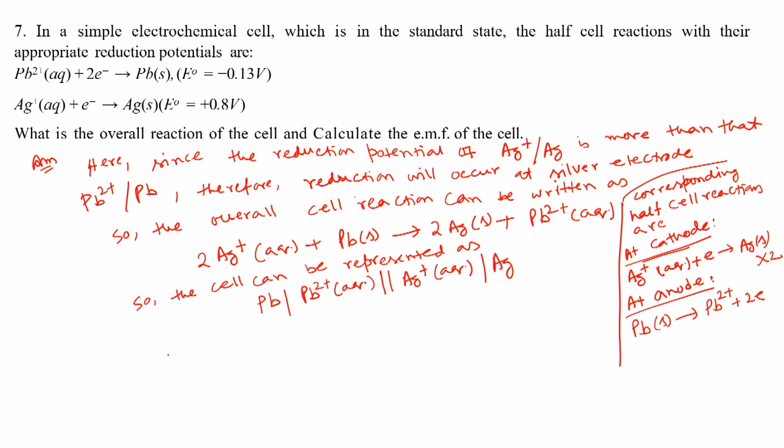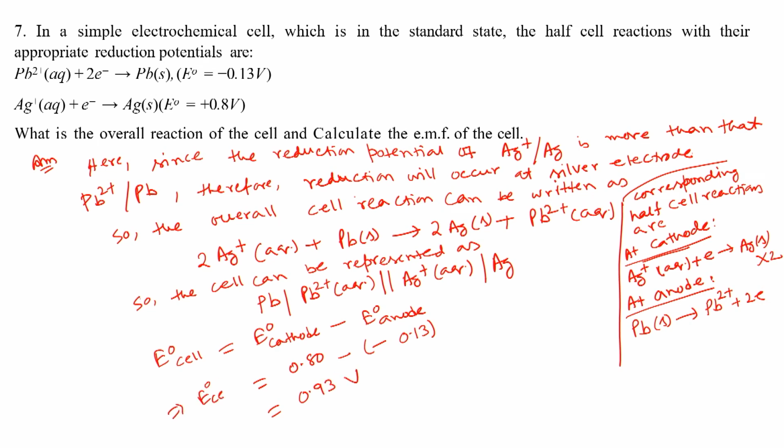Now, E naught cell is E naught cathode minus E naught anode. So, we write 0.80 for the cathode, the silver electrode, minus minus 0.13. So, we get 0.93 volt.